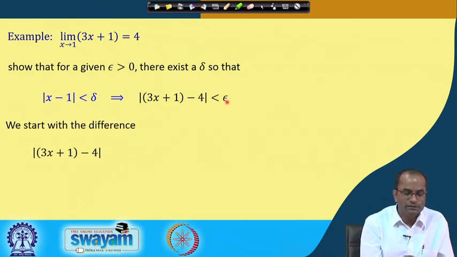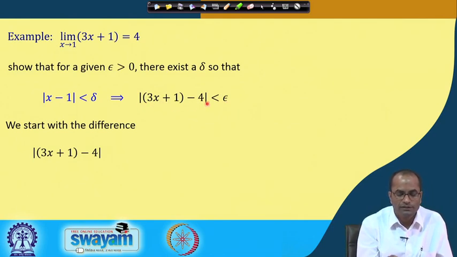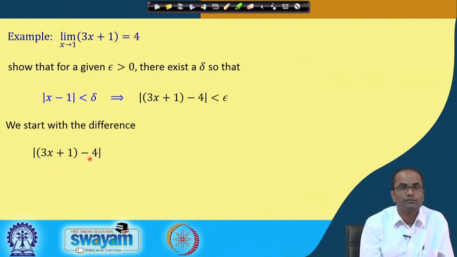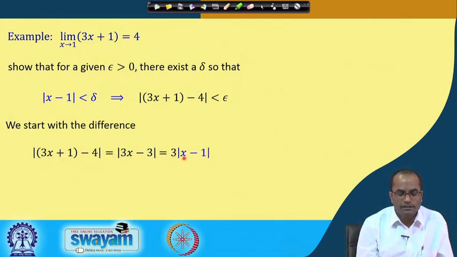To prove this, we will start with the difference 3x plus 1 minus 4, which is equal to 3x minus 3, that is 3 times the modulus of x minus 1. All x from this neighborhood satisfy |x minus 1| less than delta, so this is less than 3 delta.